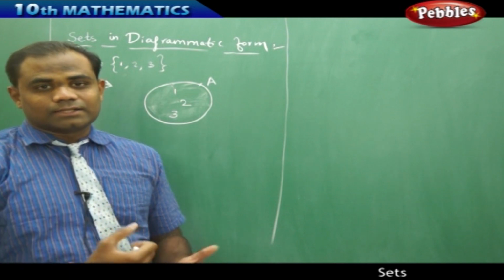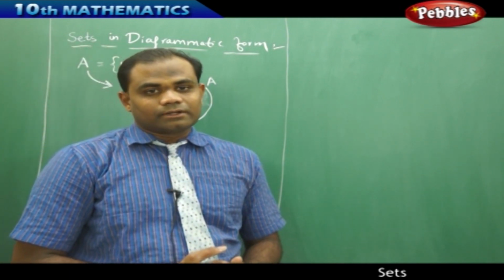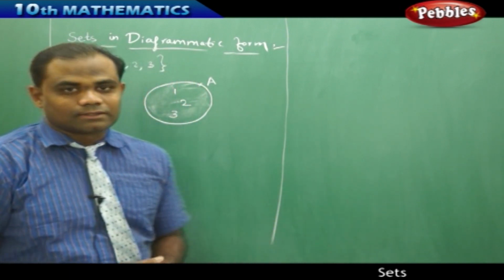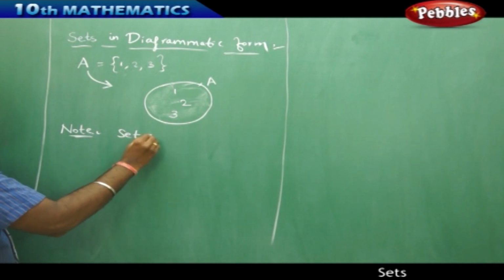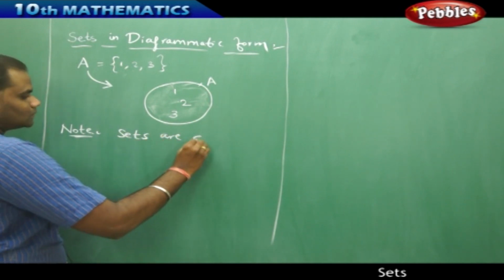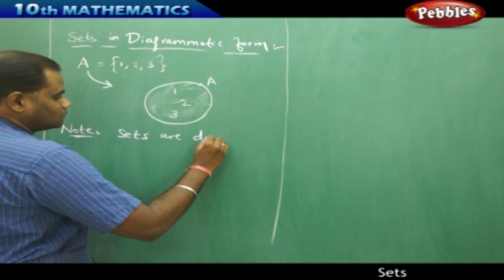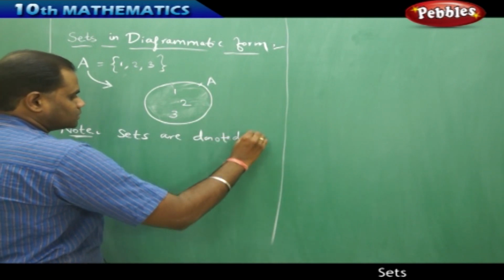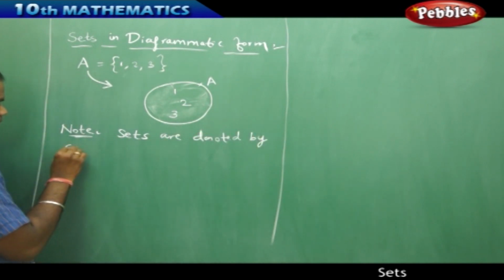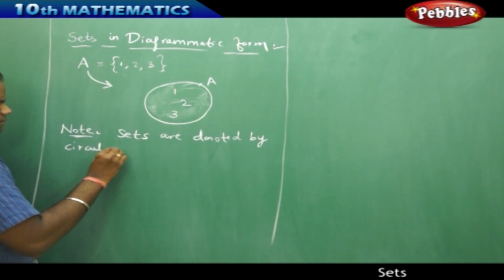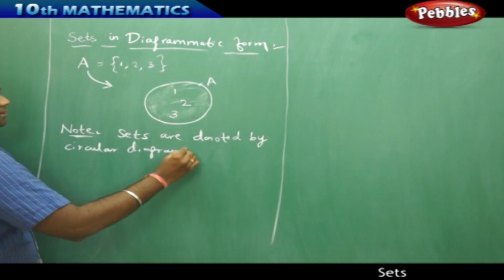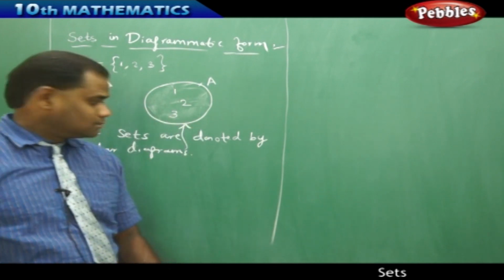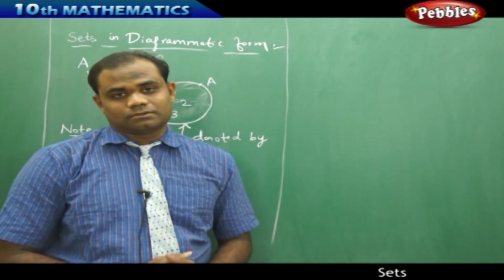So this is how I understand the diagrammatic representation of a set, with the learning outcome coming out as: note, sets are denoted by circular diagrams. As you can see here, sets are denoted by circular diagrams.